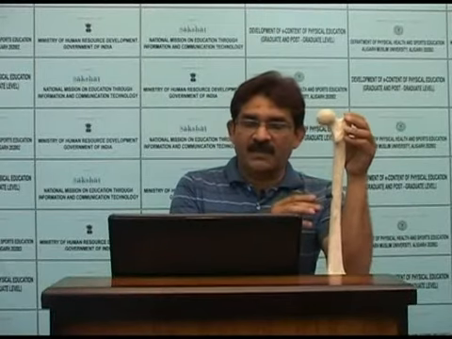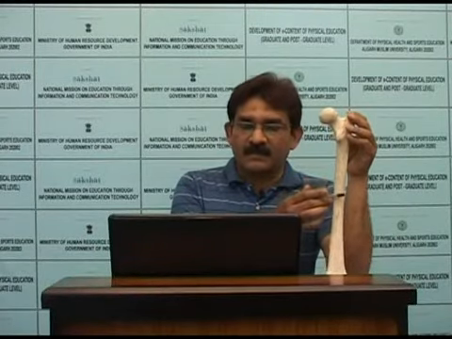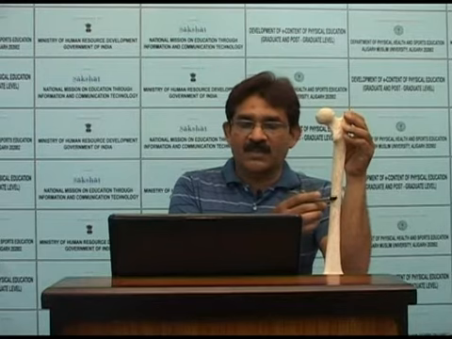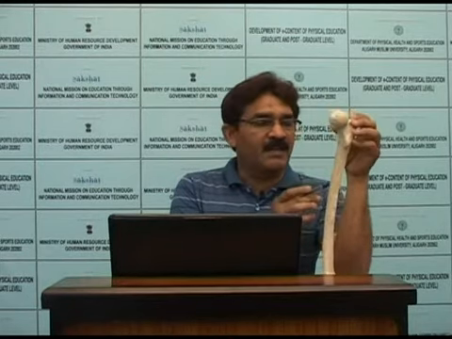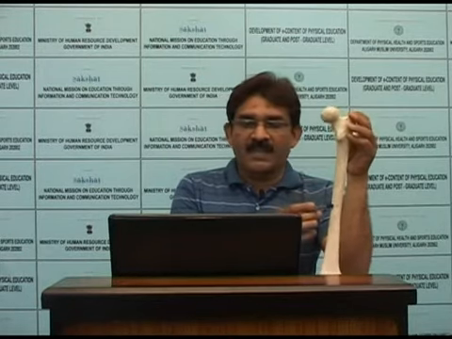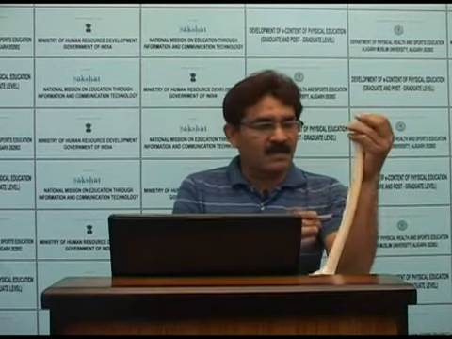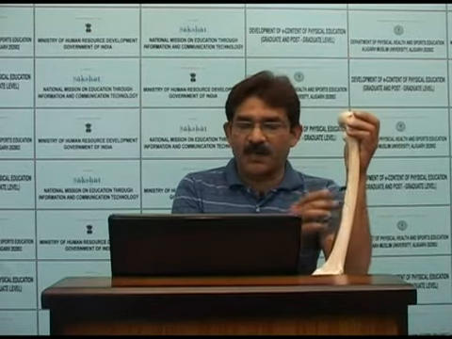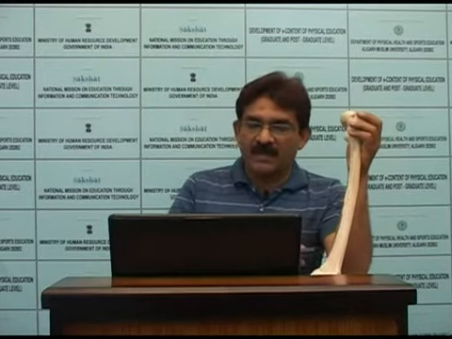This is the shaft, with the linea aspera, gluteal tubercles, pectineal line, and popliteal surface.